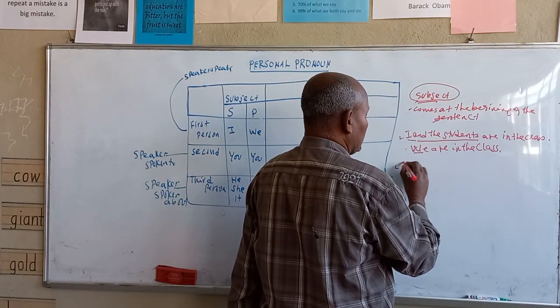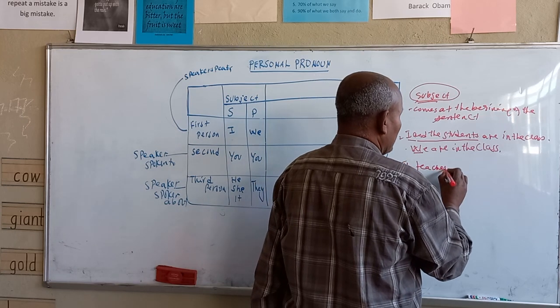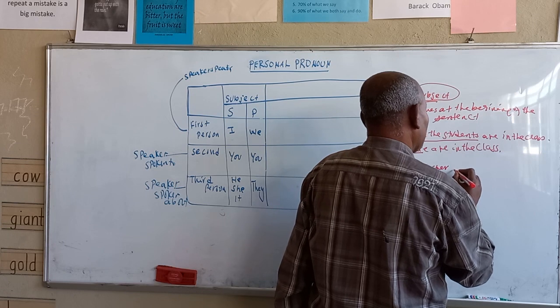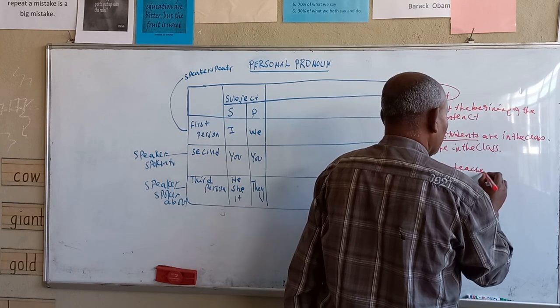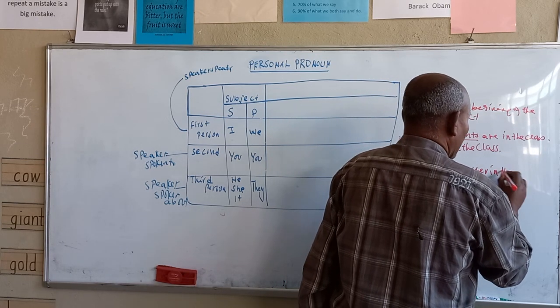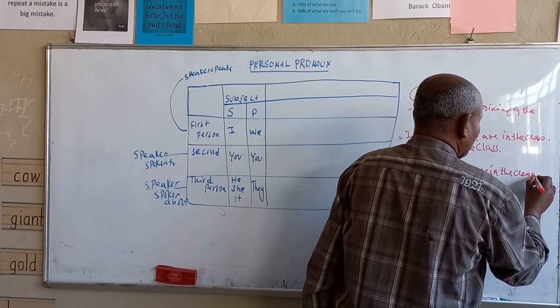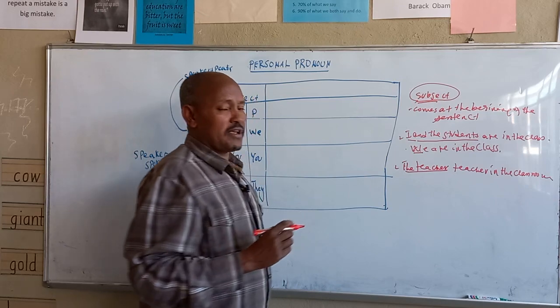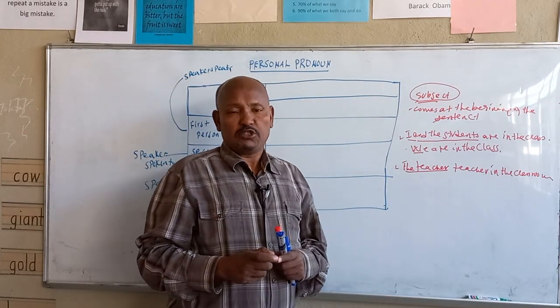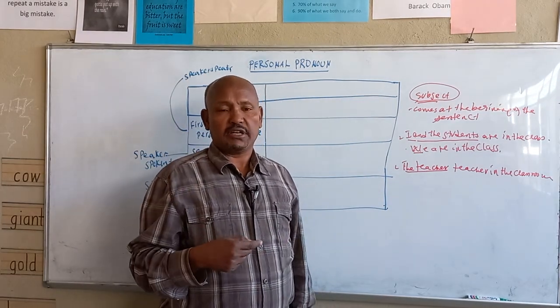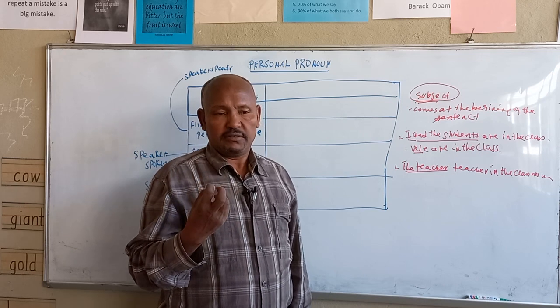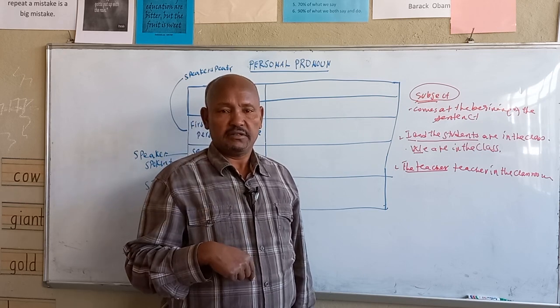Another example: the teacher just teaches in the classroom. So the underlined phrase is the teacher. Assume I'm a teacher and I'm working in the classroom. I'm first person because I'm a single teacher here.